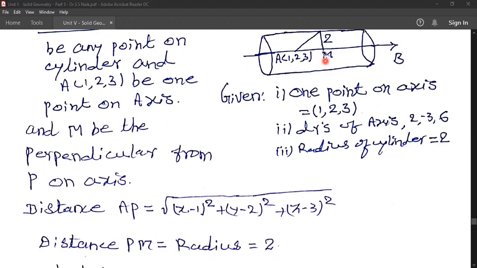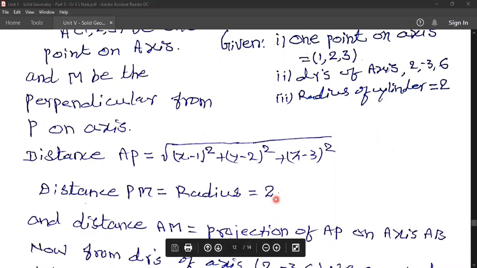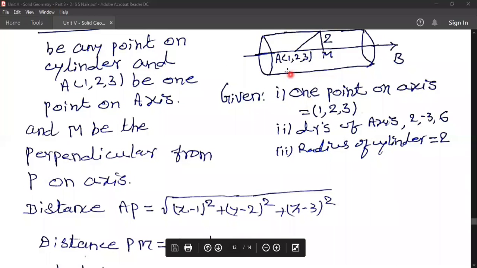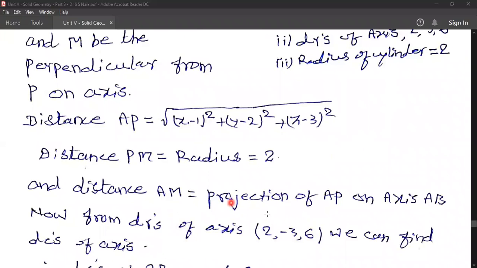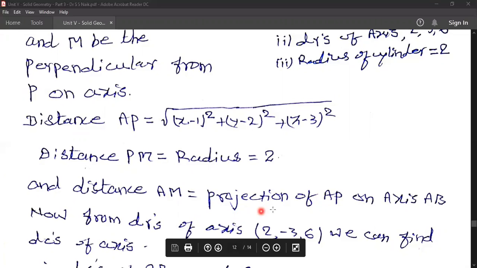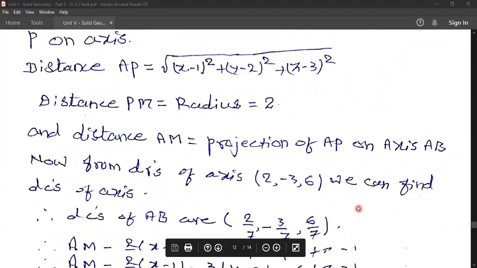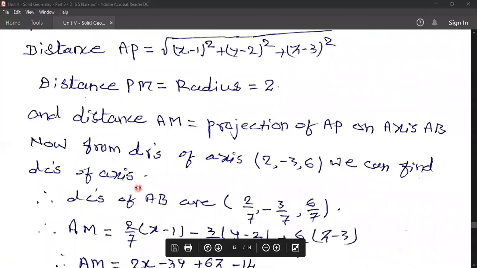And now you want to find the distance AM. To find the distance AM, we get AM equal to the projection of AP on the axis AB. So again we'll go to the DRs of the axis. DRs of the axis are 2, −3, 6. We can find the DCs of the axis.